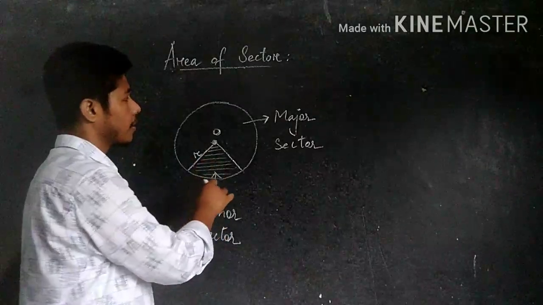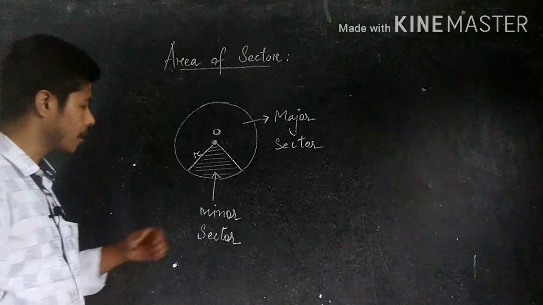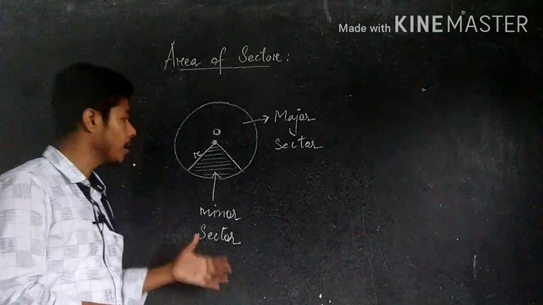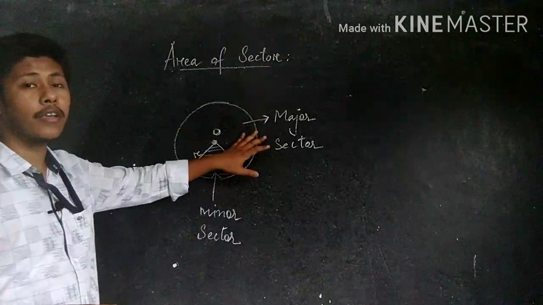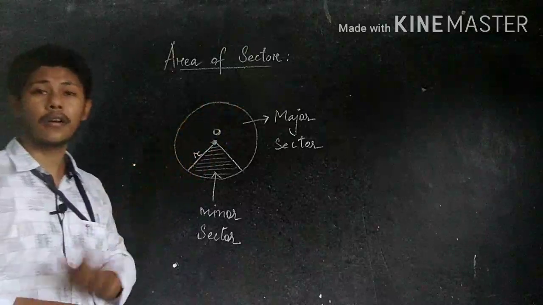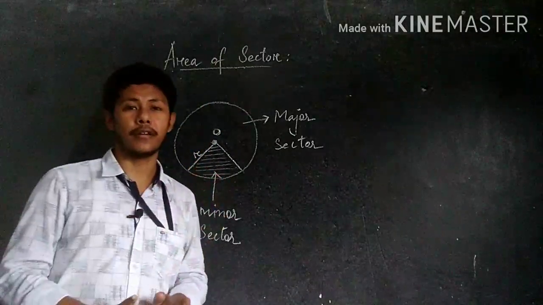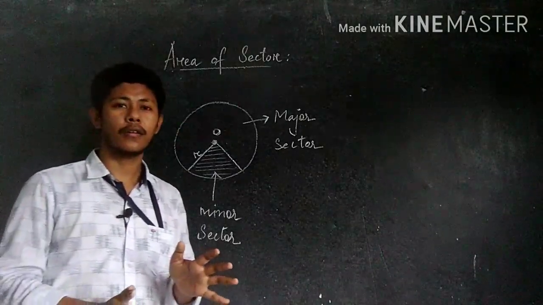If it is a major sector, then we say yes, it is a major sector. Is it clear? So this portion is the minor sector, and except this part, the other part is the major sector. Okay, this is about sectors. Any question here? Okay.